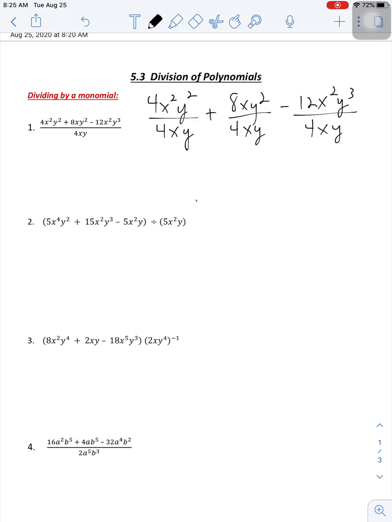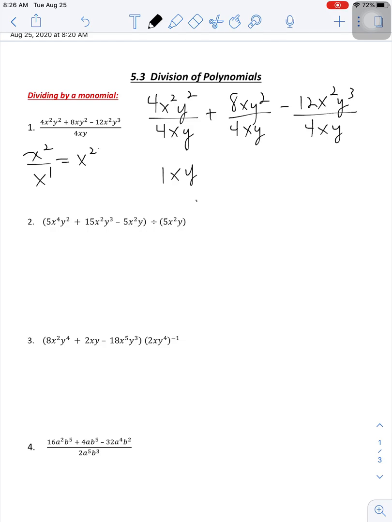So 4 divided by 4 is going to give me 1. X squared over x is x, and then y squared over y is y. Remember that technically x squared over x to the first, you're subtracting those exponents when you're dividing, using the properties of exponents.